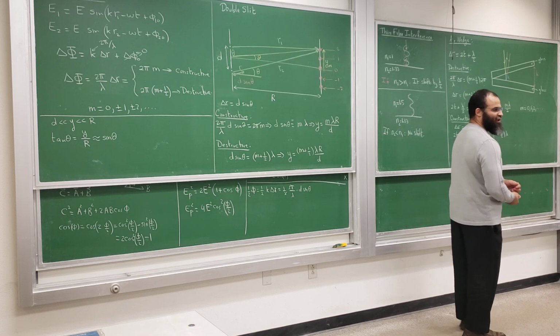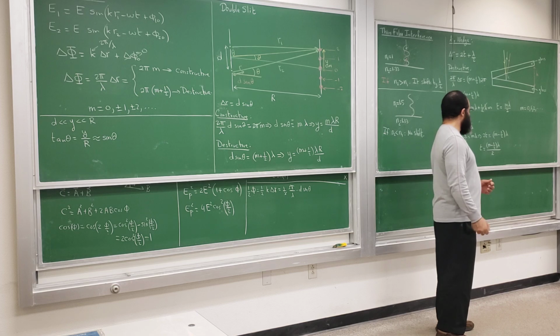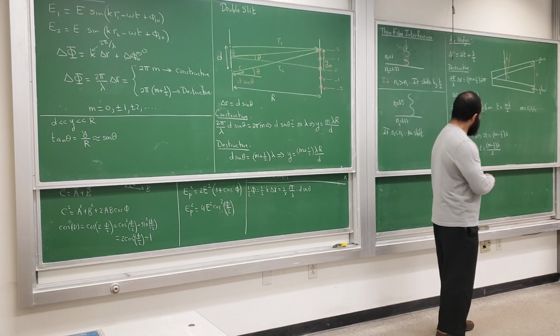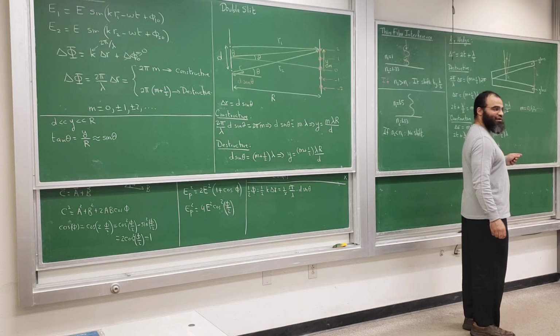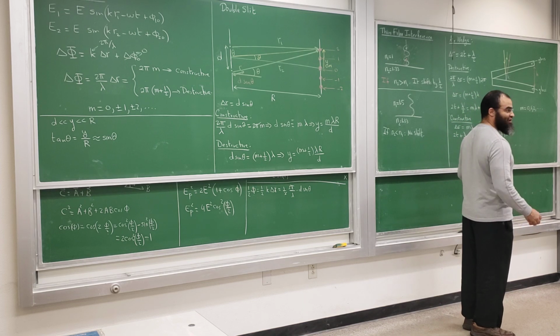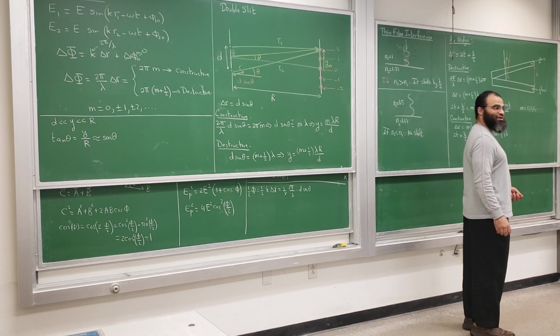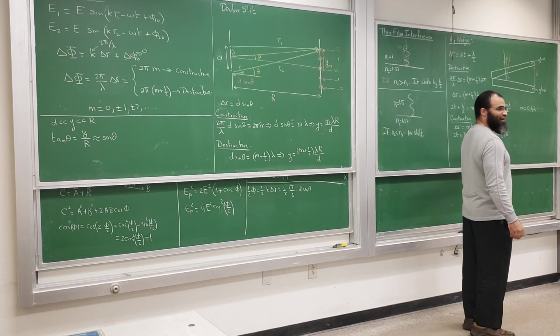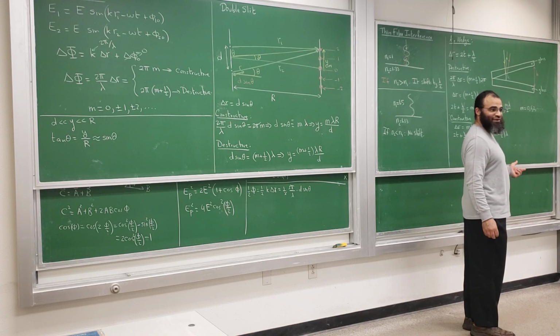So can m be 0 here or no? No, because t would be negative. Exactly. So what's the smallest m can be? 1. So for constructive, we need m to be 1. The math said, no problem, you can plug in all the integers. The physics here says, hold on a second, we have to choose our integers.